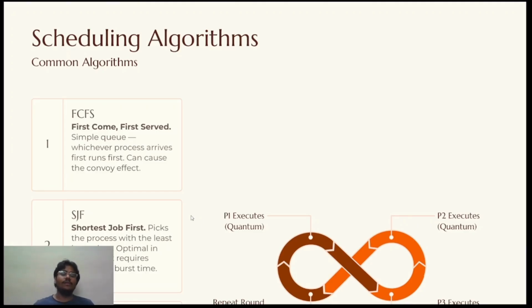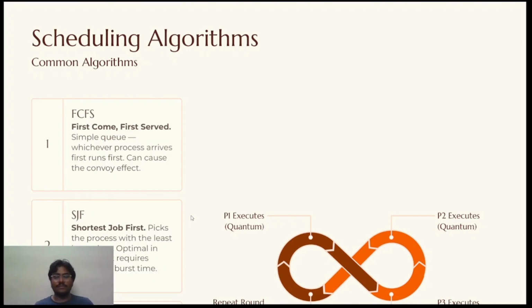Now moving on to scheduling algorithms. How does the OS decide priority? Using scheduling algorithms like FCFS, SJF, priority scheduling, and round robin. In FCFS, first come first serve, it is a simple queue.